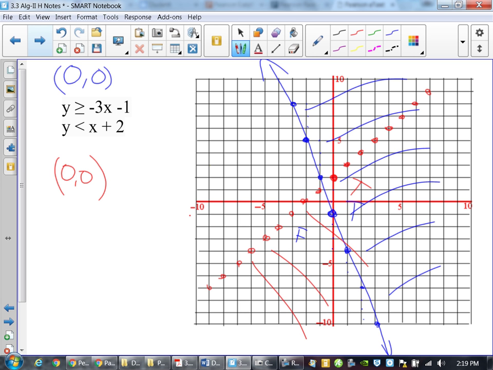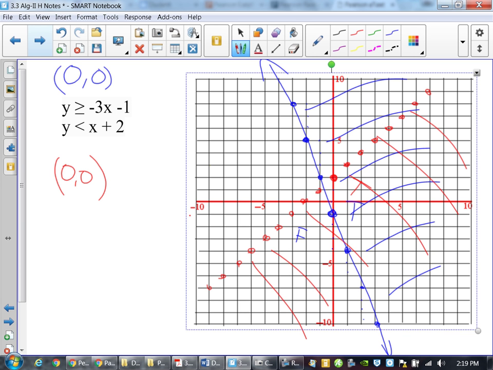So our shaded region is over here. Now, what this allows us to see then is that the feasible region is the solution set to both inequalities, in that rightish area. Don't erase it. Do you notice how my two lines are going different directions? That's all I do.